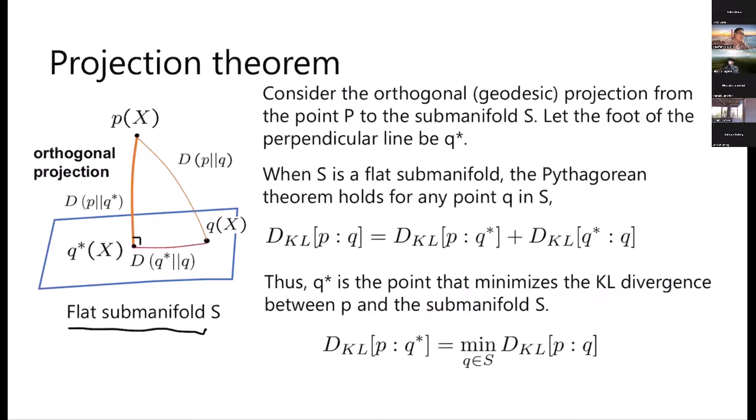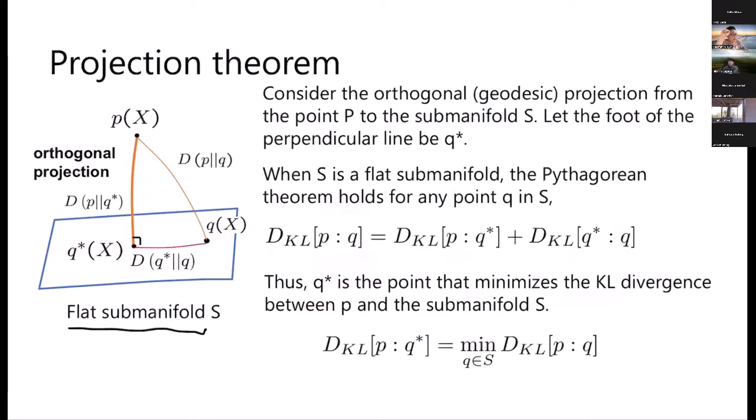Because KL divergence is positive. So that's the projection theorem: if you do the orthogonal projection, then this is the minimized divergence.